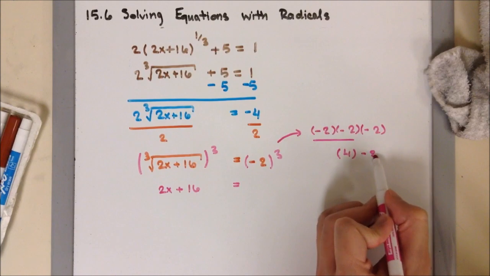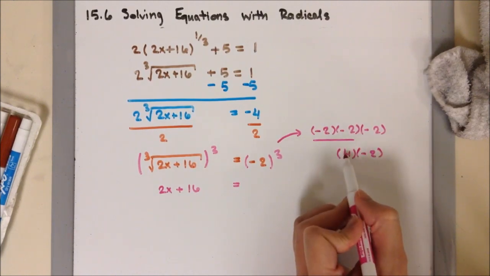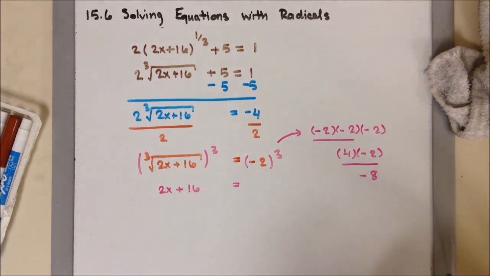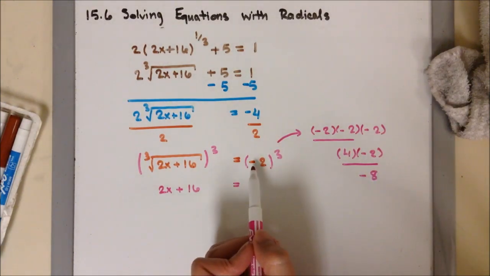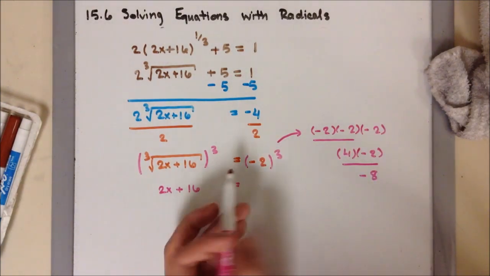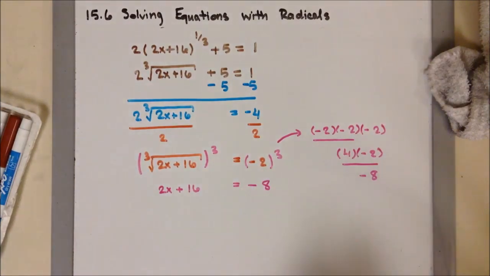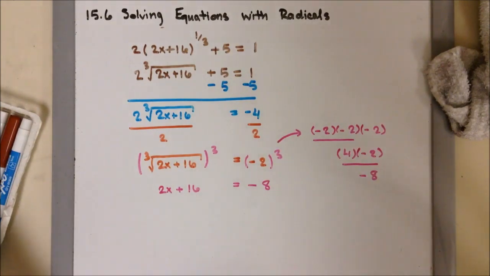Bring down the negative 2. 4 times negative 2 is negative 8. So when we have a negative number raised to the third power, it will be a negative number, in this case negative 8. So notice how inside the parentheses is negative 2, and I'm raising it to the third power. Negative 2 to the third power is negative 8.